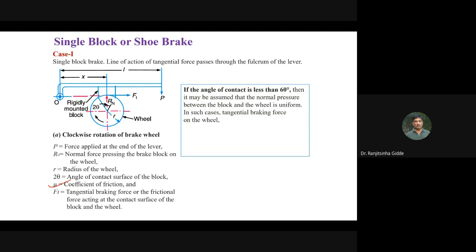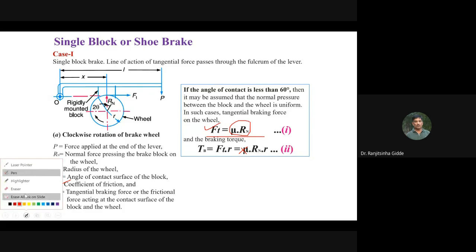Then Ft is the tangential force or the frictional force acting at the contact surface of the block and the wheel. So Ft is equal to mu Rn. This is the tangential braking force; braking torque is again force into the radius. So this mu Rn is the tangential force and this one is the radius.